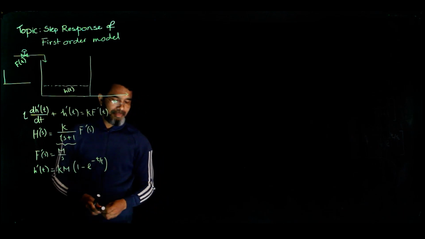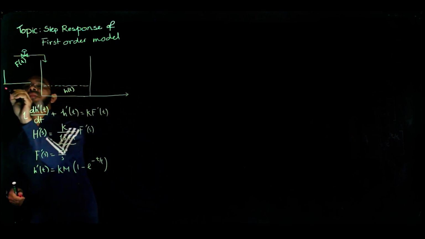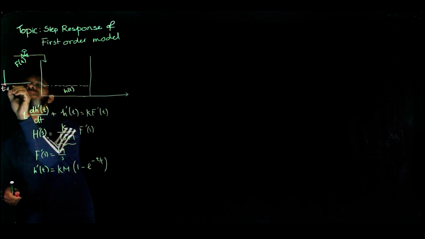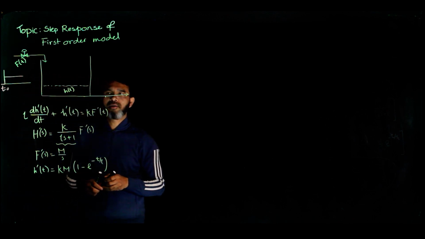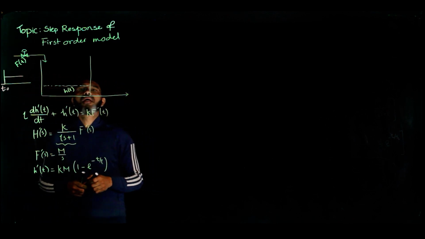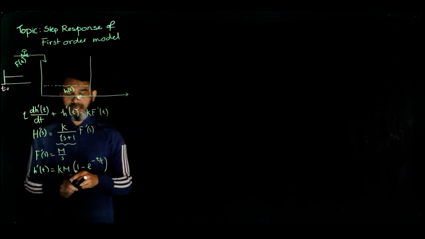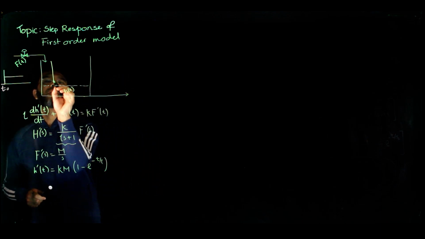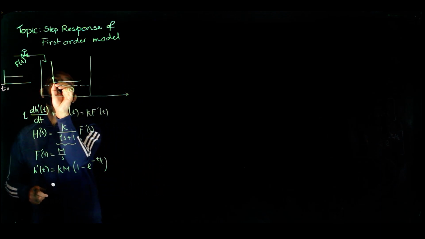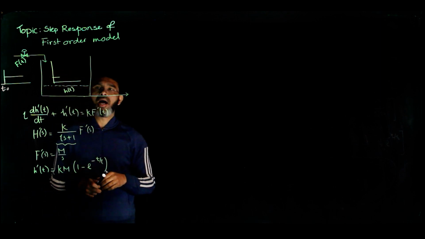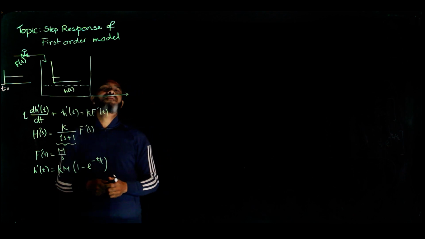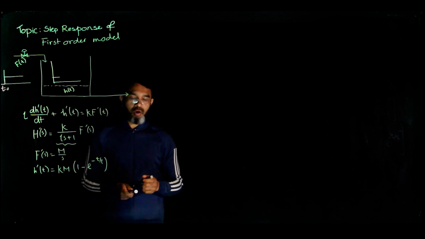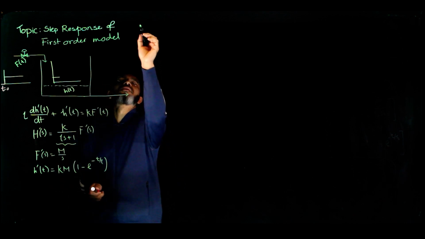So at time t equals 0, it goes from some value to another value. We wanted to figure out how this function would look if initially the level is at some value. How would that change? Now to look at the shape of this function, let's look at some common functions.